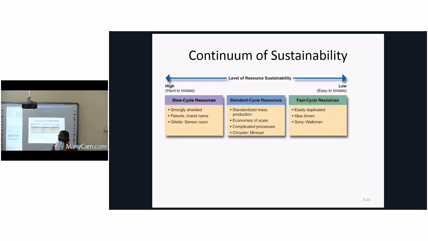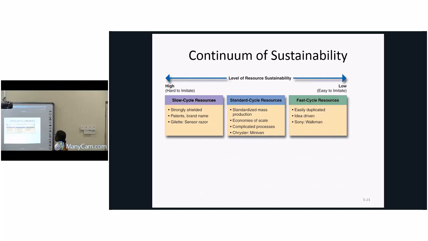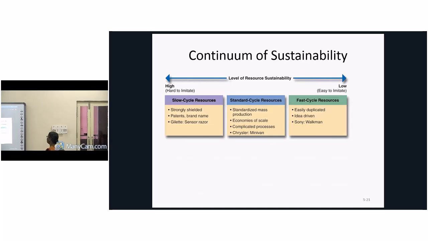Sustainability continuum. If you look at it, slow cycle resources have a high level of sustainability. Slow cycle resources are hard to imitate and sustainability is high.